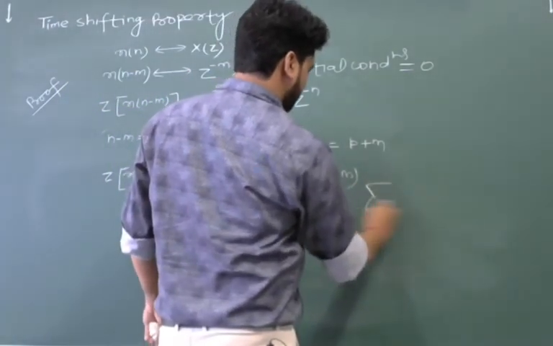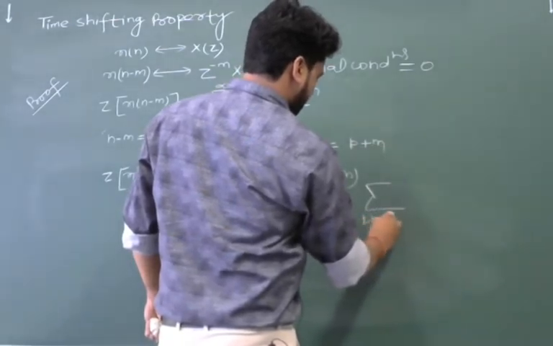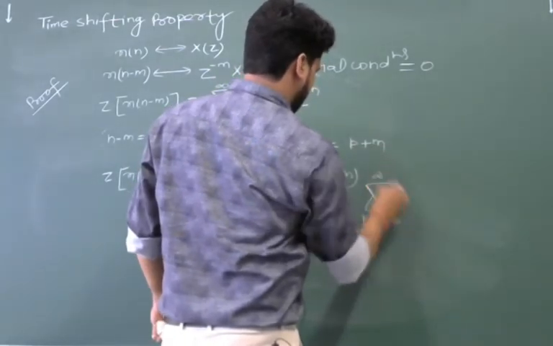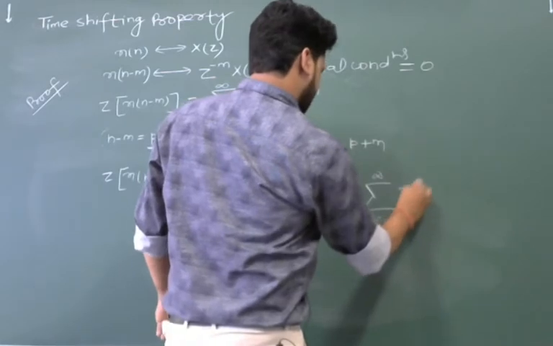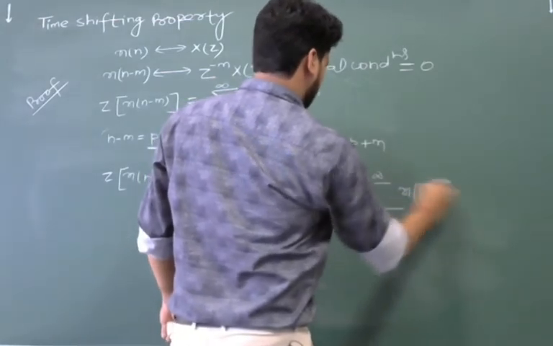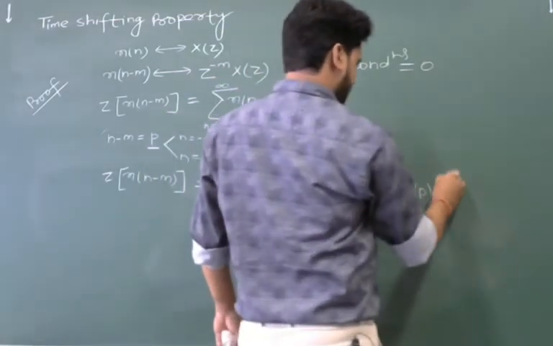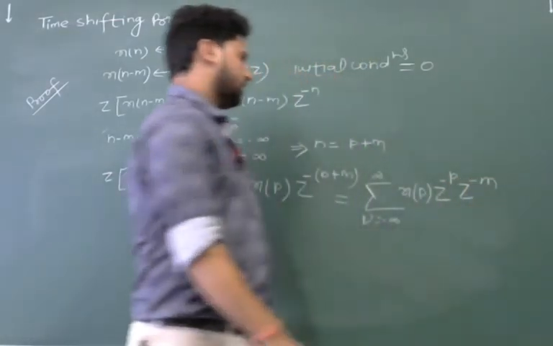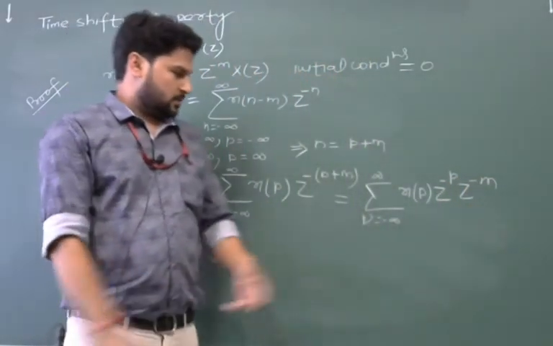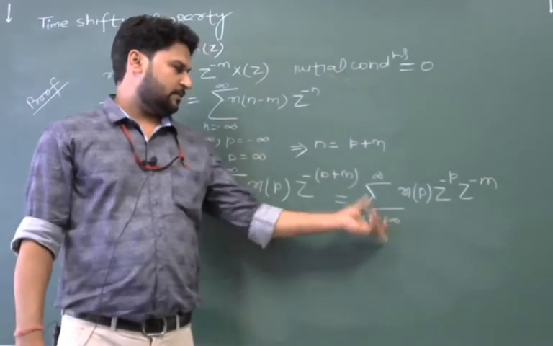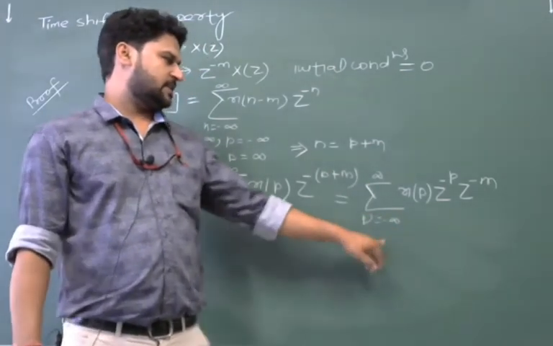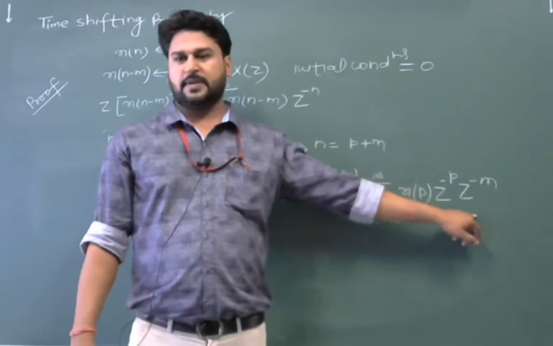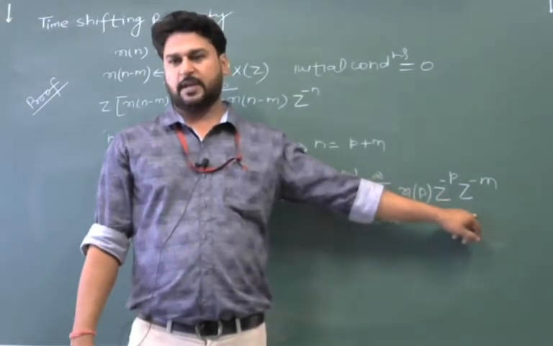sigma p from minus infinite to plus infinite x of p z power minus p into z power minus m. Because the limit is given here on p, it means that this z power minus m will be a constant with respect to the variable p.